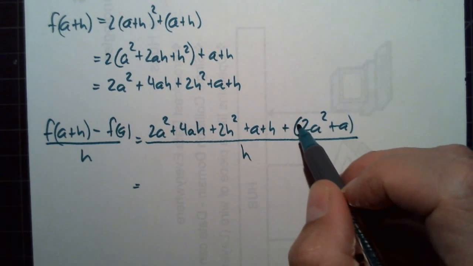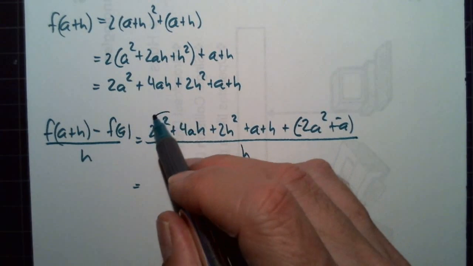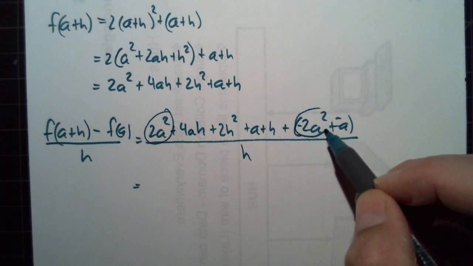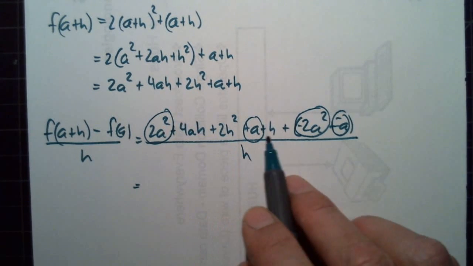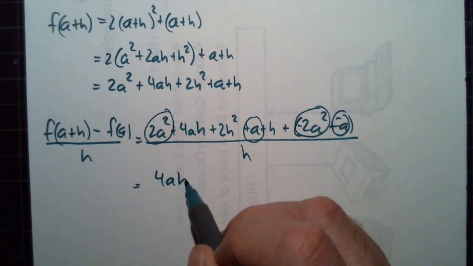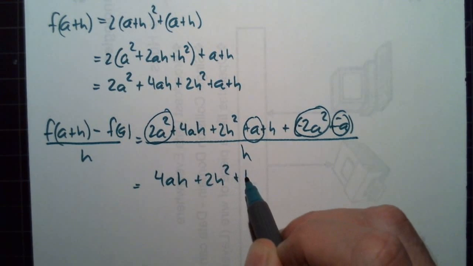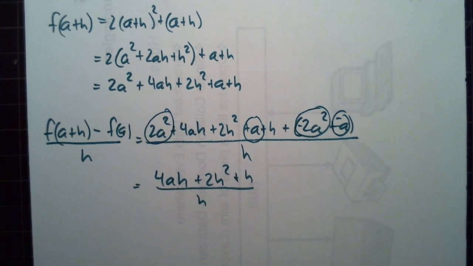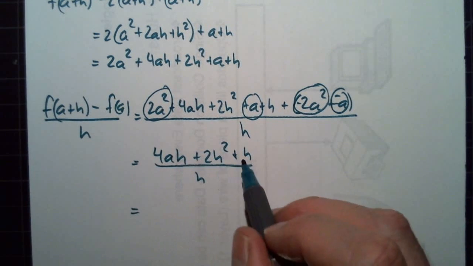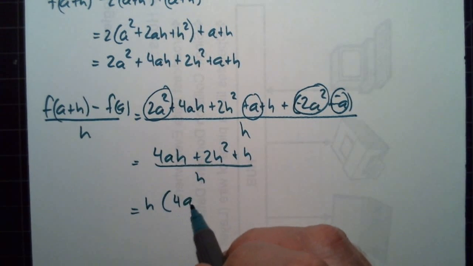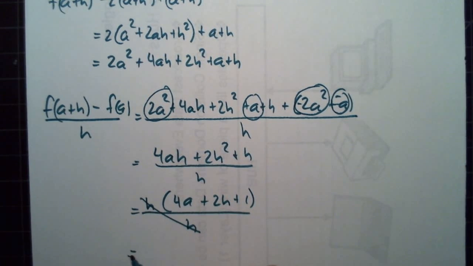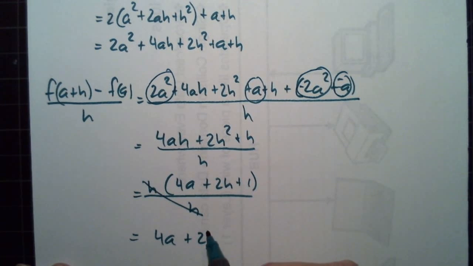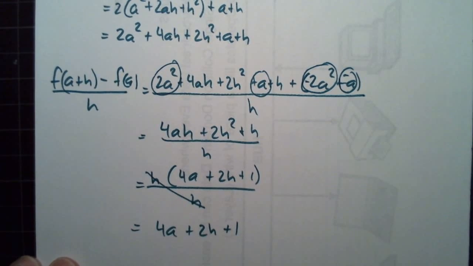Let's just write minus 2a squared, a minus a, and then we're left with 4ah plus 2h squared plus h. And everything in the numerator has an h with it, so we can factor that out. Cancel, and we have 4a plus 2h plus 1.